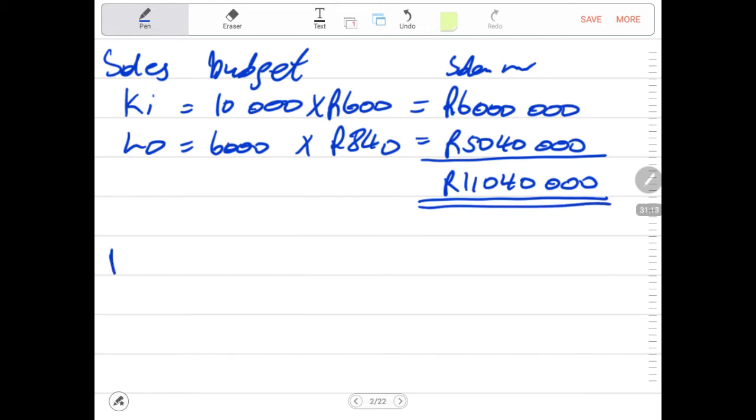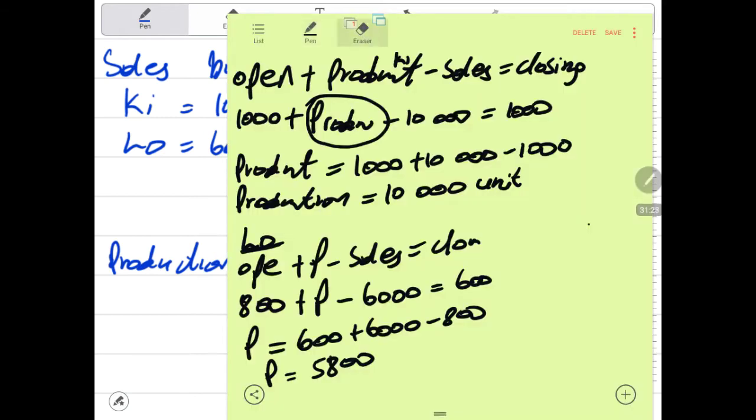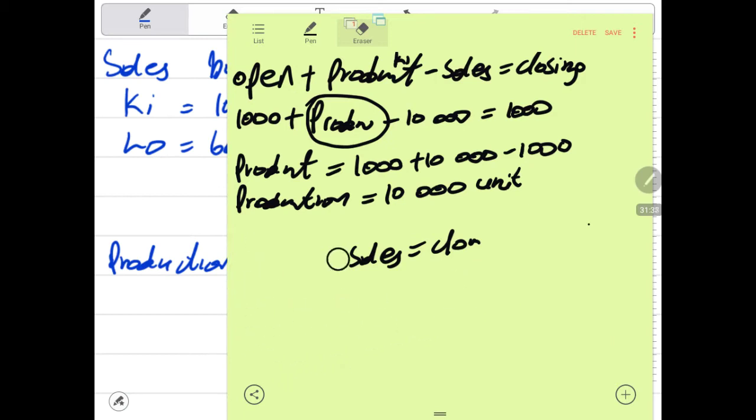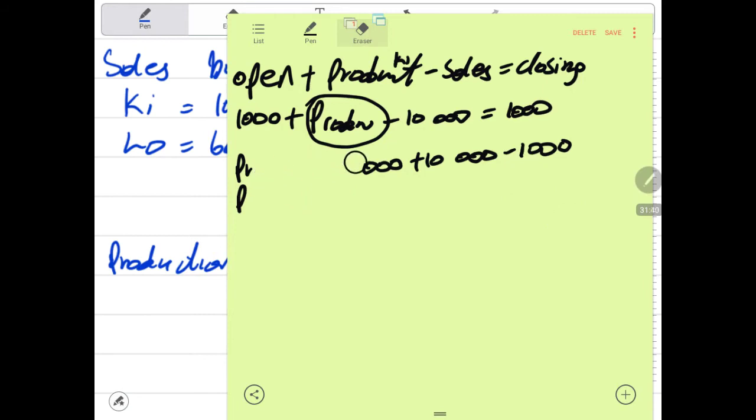Then we come to our production budget. So that means we don't need this one, because we are to calculate our production budget. So this number of units that are to be manufactured will not be relevant in this case, unless you were required to do something else.